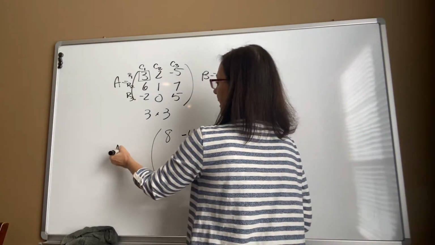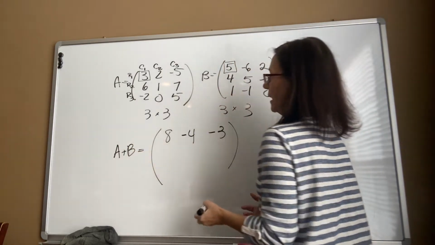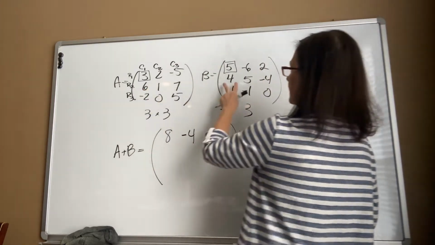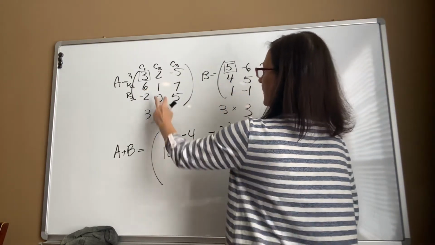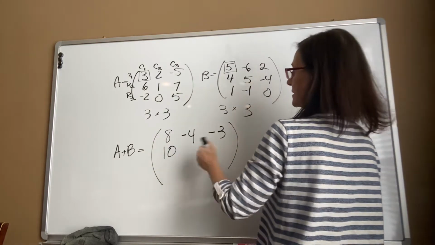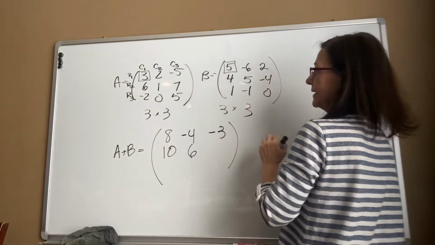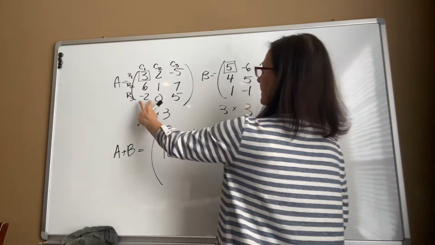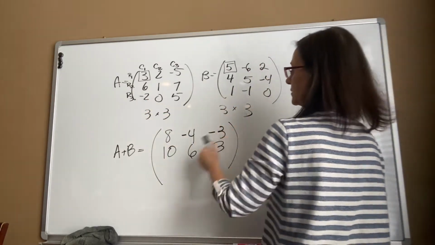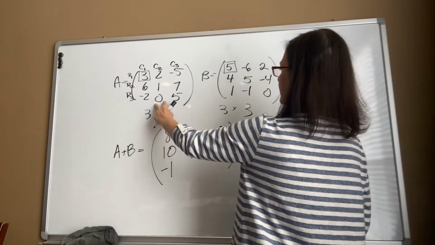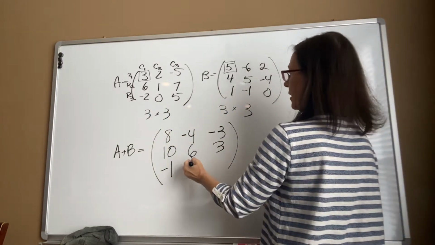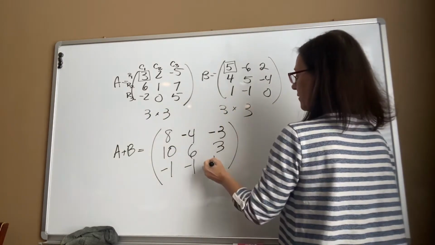This is what A plus B looks like. All right, 6 plus 4 is 10. 1 plus 5 is 6. 7 plus negative 4 is 3. Negative 2 plus 1, negative 1. 0 plus negative 1, negative 1. 5 plus 0, 5.